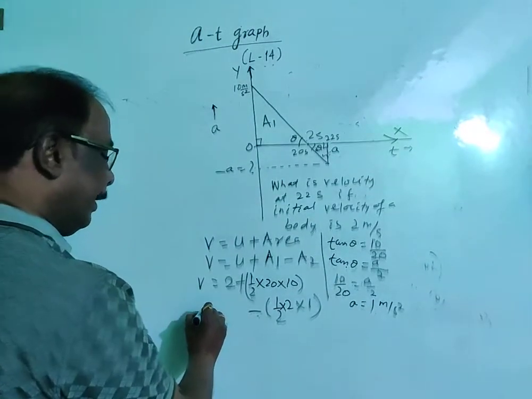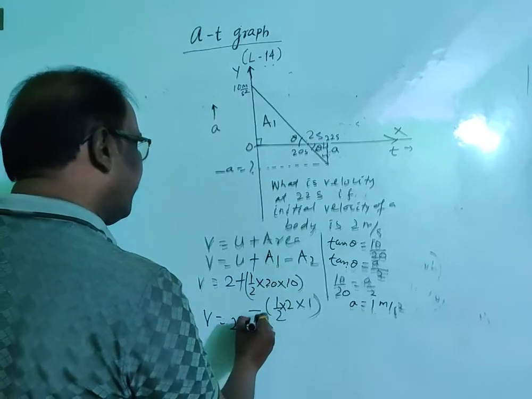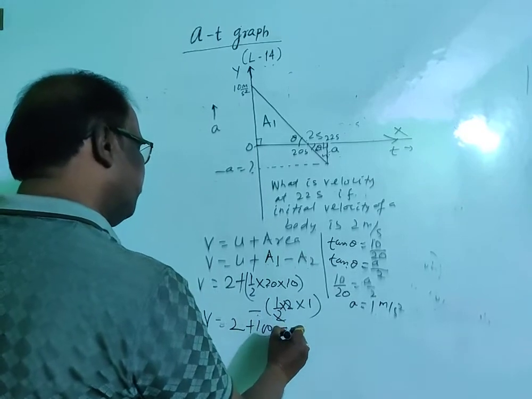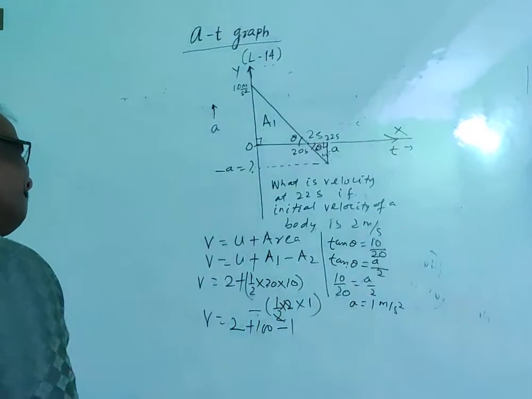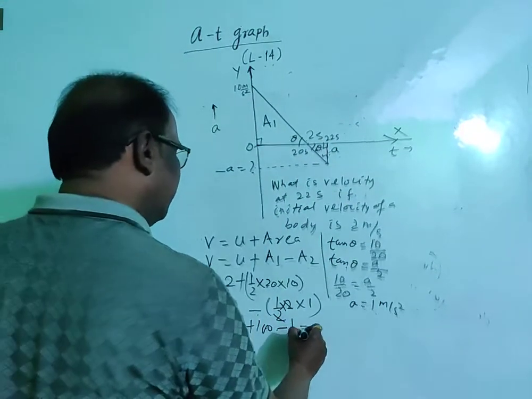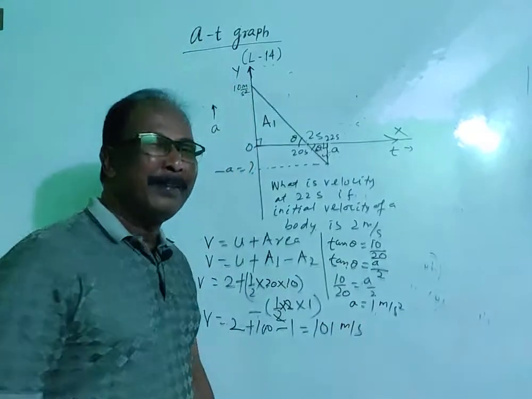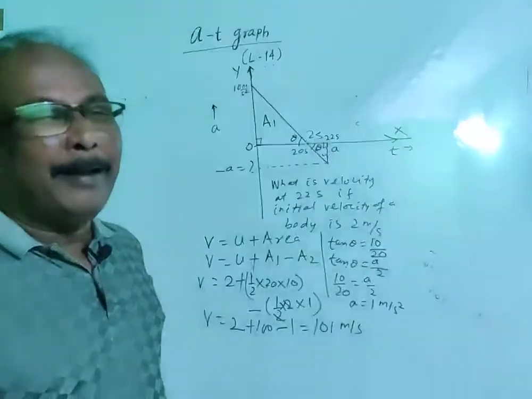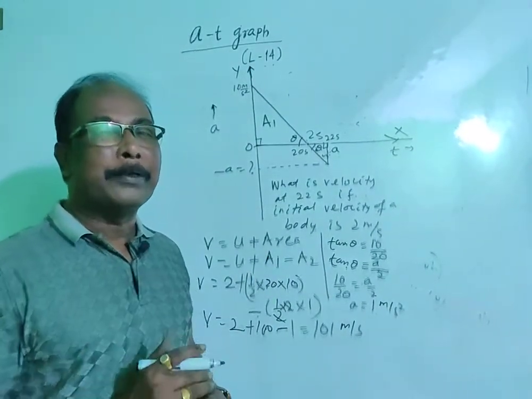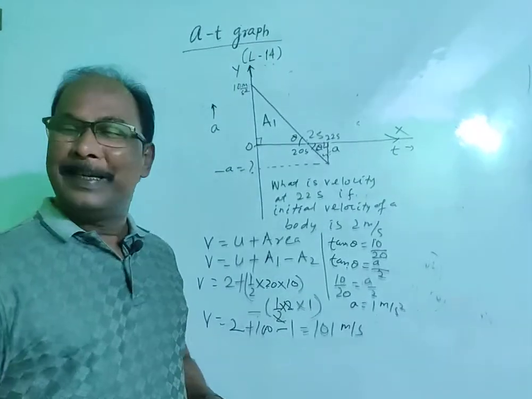Then final velocity is 2 plus 10 into 10, 100, minus 1. Then 102 minus 1, 101 meter per second. I have taken an arbitrary value, and this is just a method to explain how to attempt the numericals. And we are finding these easier.